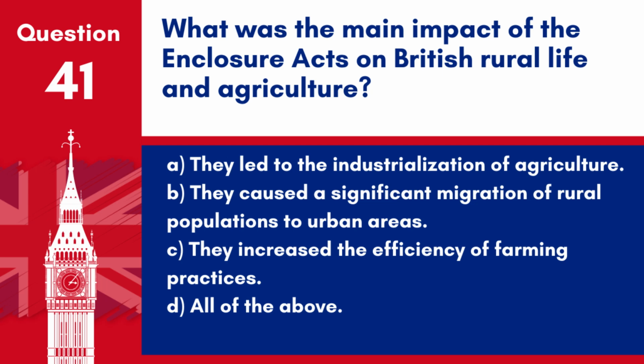D. All of the above. Answer: D. All of the above. The Enclosure Acts had multiple impacts on British rural life and agriculture, including leading to the industrialization of agriculture, causing significant migration from rural to urban areas, and increasing the efficiency of farming practices.